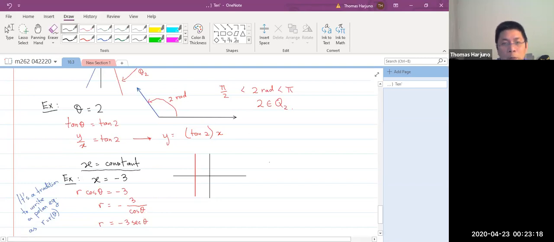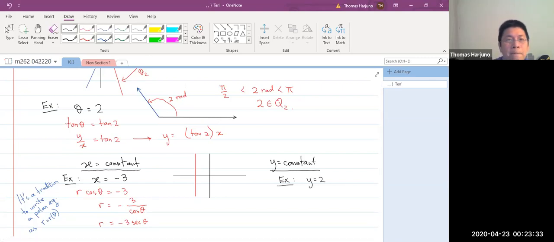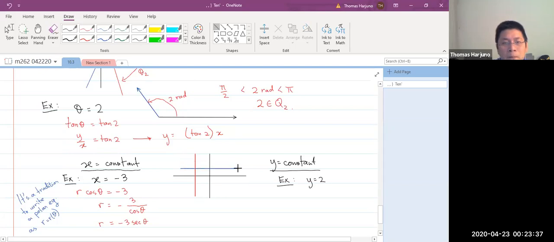We can go further. What happens if we have y equals a constant? Let's say, for example, y equals positive 2.